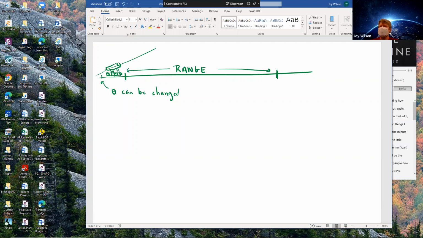How far it travels from where you shoot it to where it lands is called the range. So what angle would I need for the furthest or biggest range?